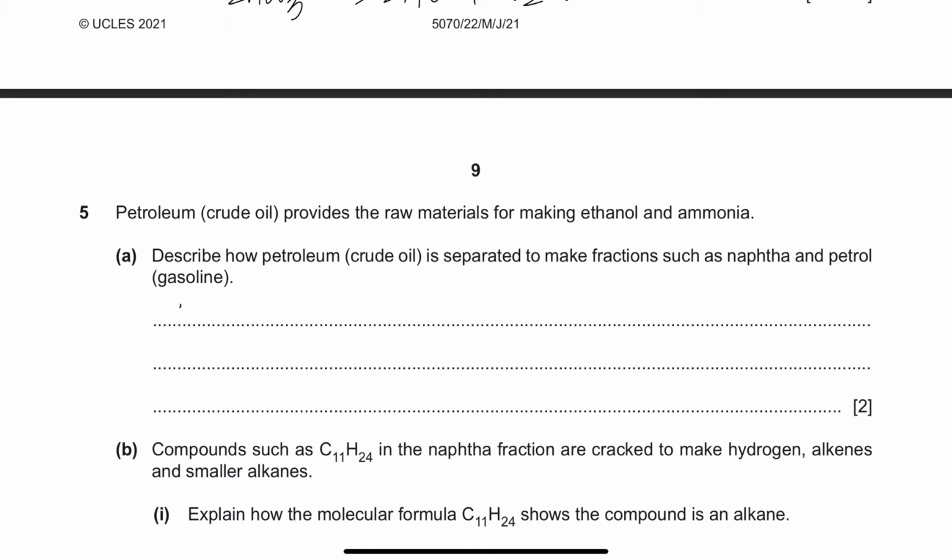First, what we did was that crude oil is vaporized or heated very strongly before it enters the fractionating column. So we just did: crude oil is heated, then it is pumped into the fractionating column.